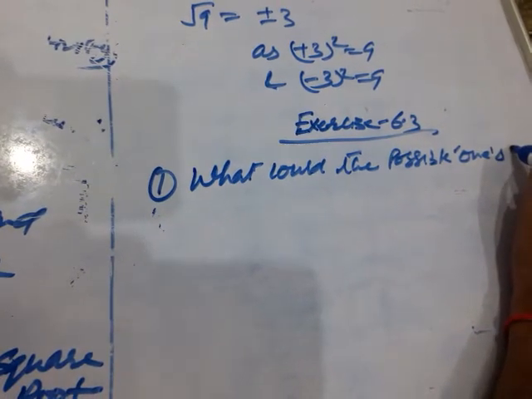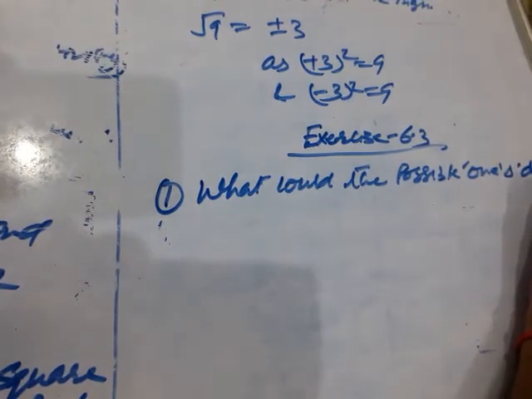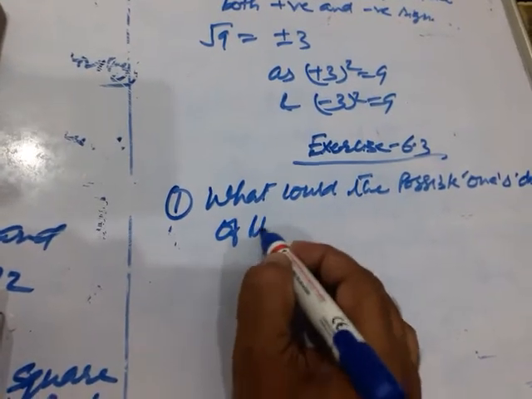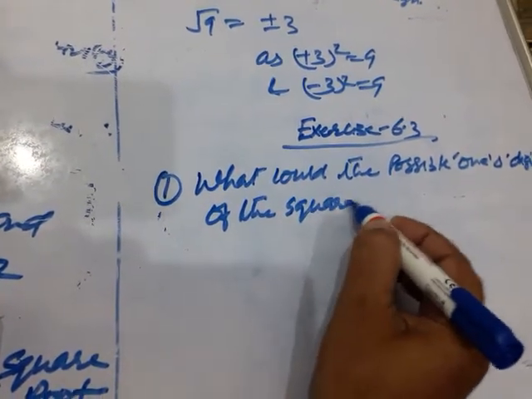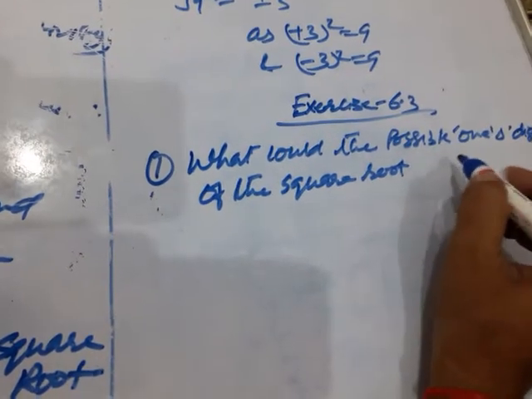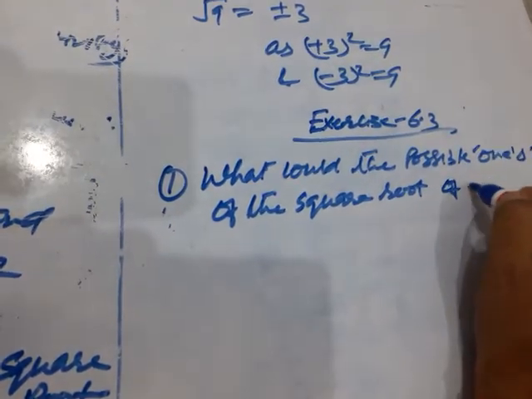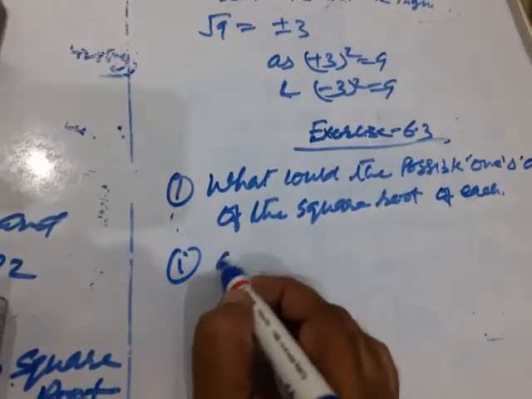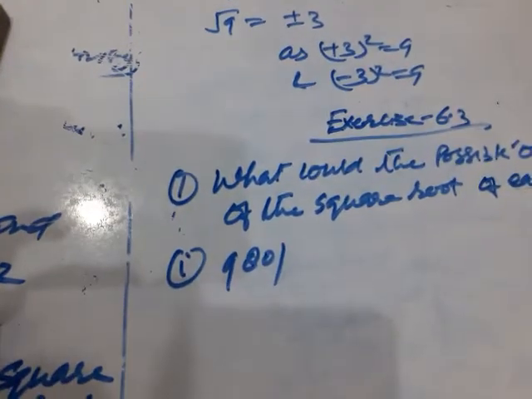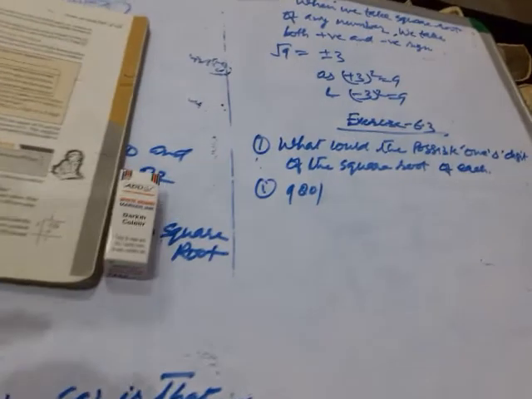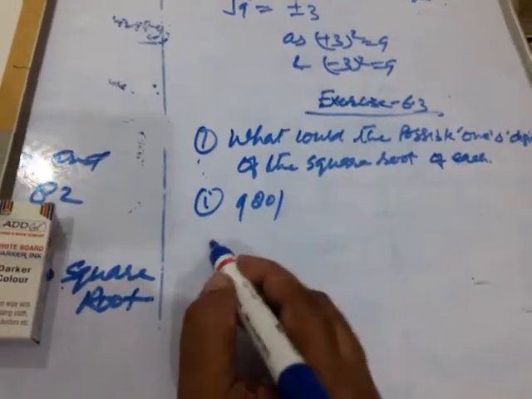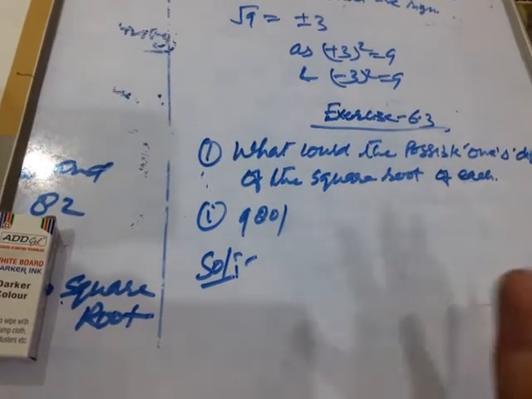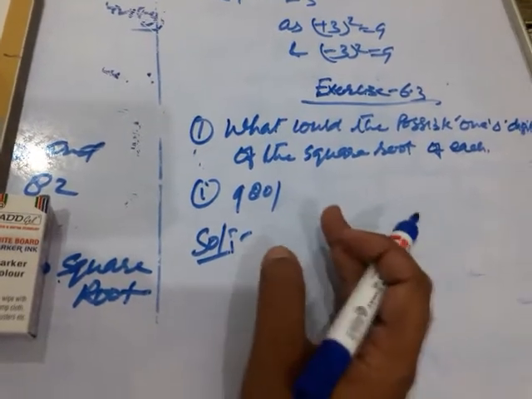Ones digit of the square root of each. Okay children, that is first, that is 9801. Clear. You have to find out without finding actual square root. What would be the ones digit of the square root of 9801.